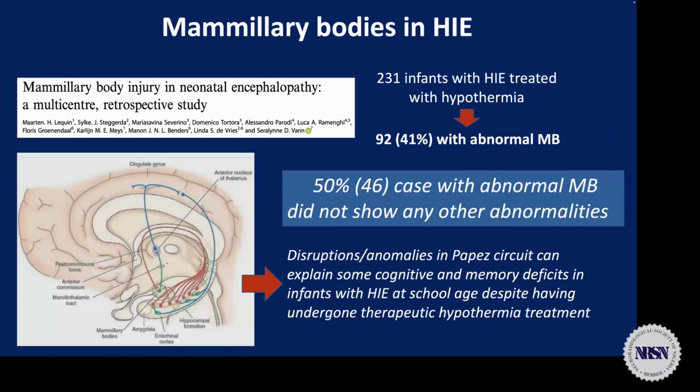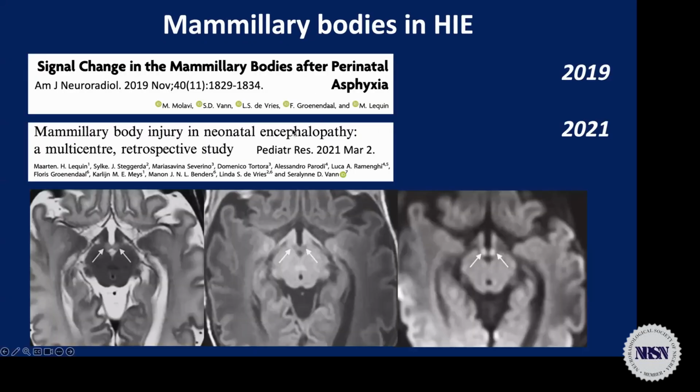You can see here 50% of cases with abnormal mammillary bodies, and these cases did not show any other abnormality after hypothermia. So you can see here a hyperintensity on T2-weighted image and a diffusion restriction in the acute phase.